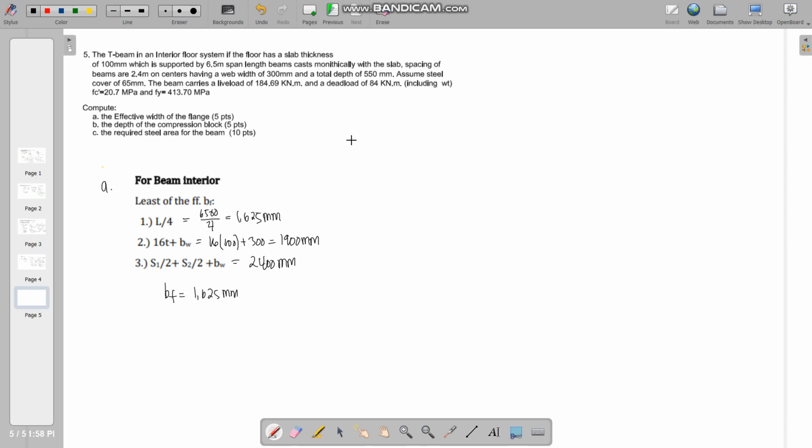Now for letter B, we have the depth of compression block, which refers to the variable a. So that should depend, the depth of compression block should be depending on the capacity of the flange thickness.